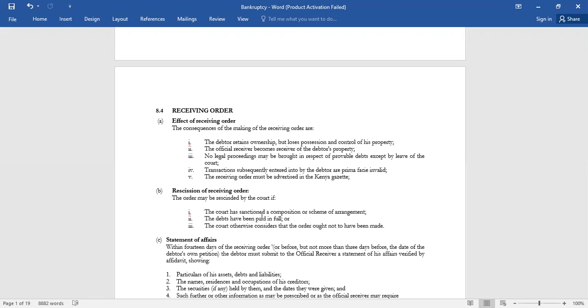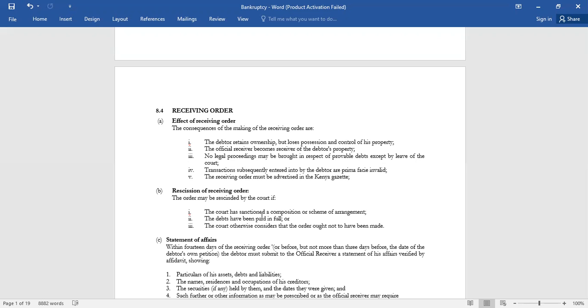Four, transactions subsequently entered into by the debtor are prima facie invalid. In other words, from the date that we give you the receiving order, and the OR has been given the powers to administrate that property, any other agreement that you enter into that is talking about that property is invalid. From the word go, prima facie, from the word go.